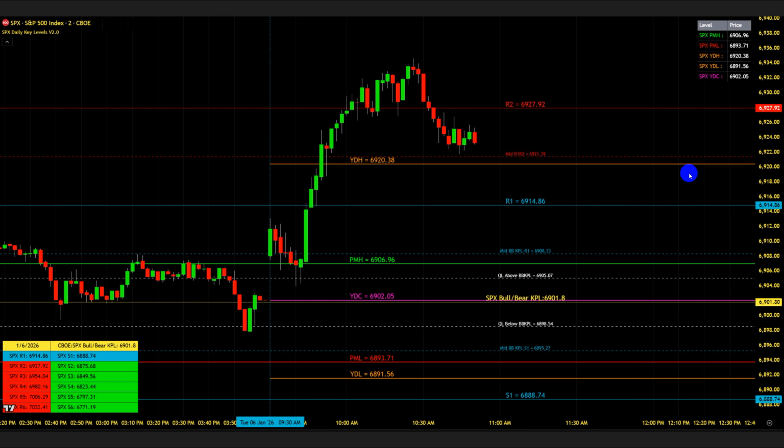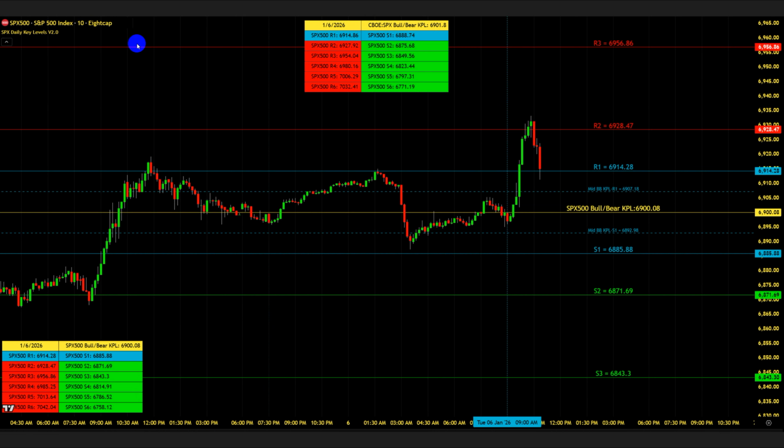The indicator also works on a second SPX symbol, which is the SPX 500 on the OANDA exchange, which I'll show you now. Okay, so on TradingView, you would type in under symbol search SPX 500, and then you look for SPX 500 under the OANDA exchange.